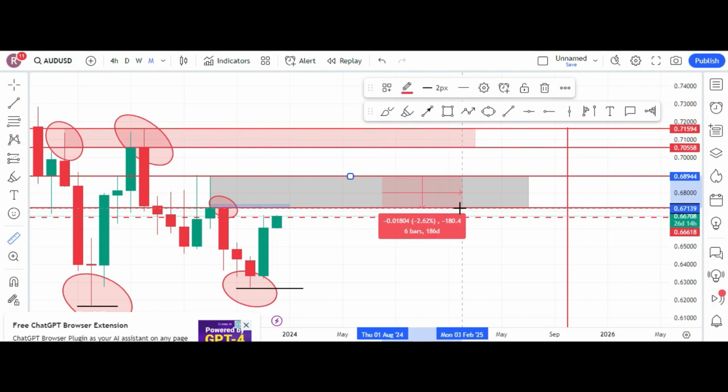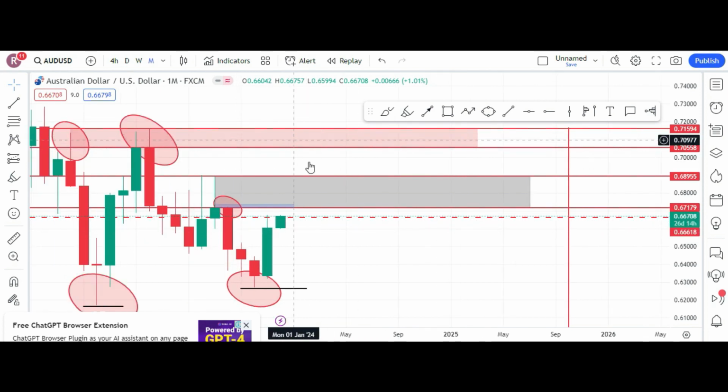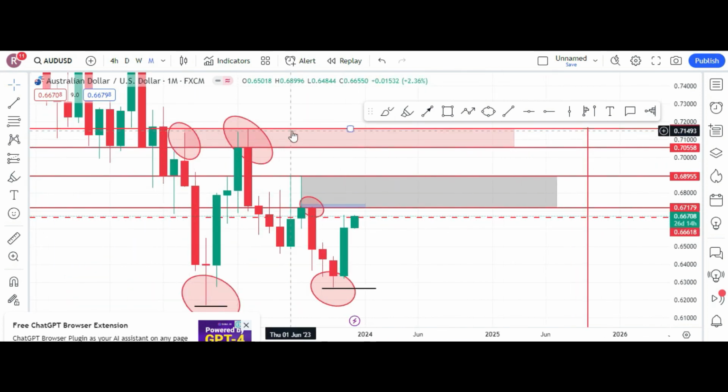It is 175 pips, a very big zone in monthly time frame. When price gets into this zone, it can go up to here, come back and make a double top, or it may break this and lead towards the higher double top we had before, as we are seeing that it crossed the 50%.